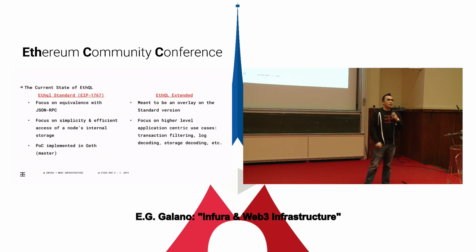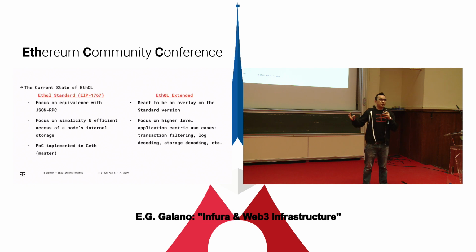So the current state of EthQL has been developing pretty rapidly over the last year. A little over a year ago, Raul Kripliani came out with EthQL as a sidecar application, right? Skin over the JSONRPC that exposed a GraphQL interface, believing that GraphQL was a better way to get Ethereum data. A few months pass, and Nick Johnson also starts looking at GraphQL as a way to query out of a node.